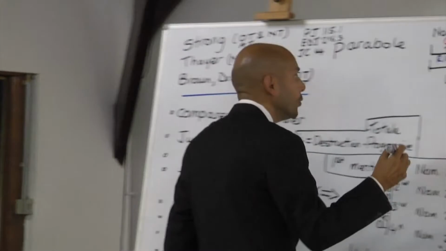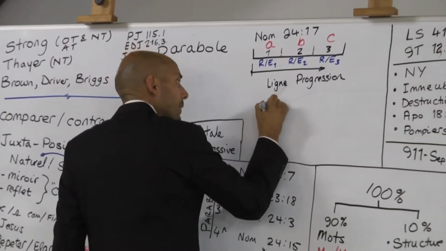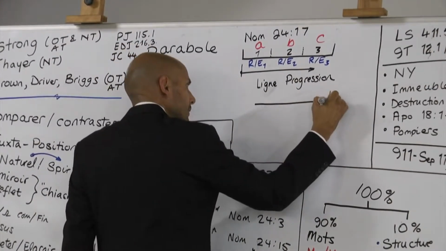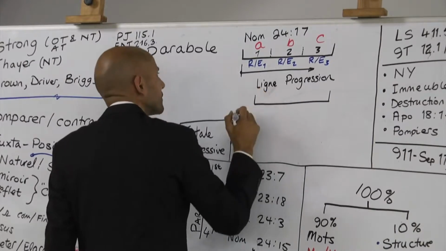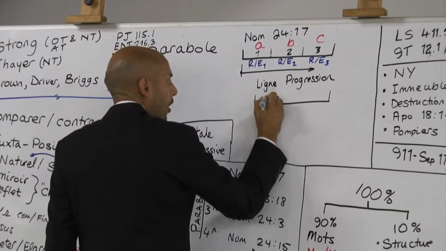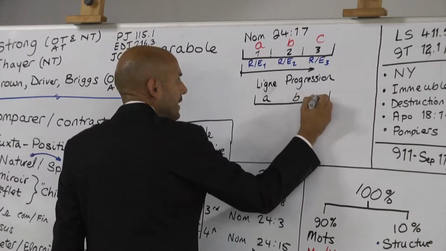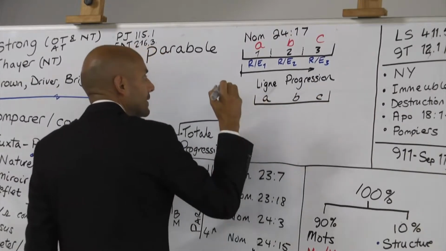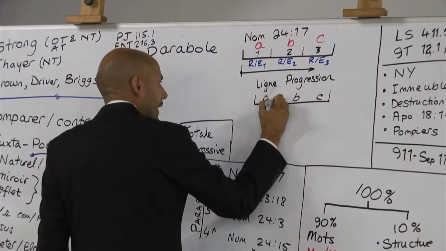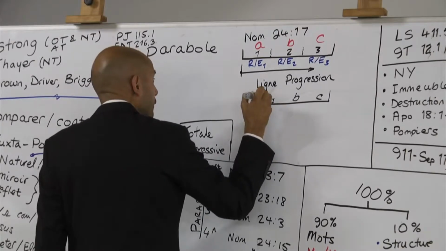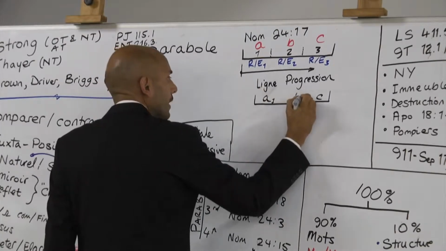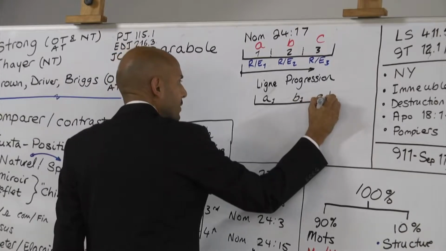So what we can do is take this verse in its three parts: A, B, and C. Part A is the first part, B would be 1, C would be 1.